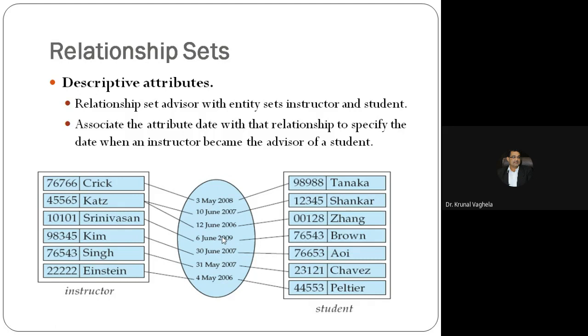When you associate any attribute with any relationship set, then that attribute is called descriptive. Ready? Yes or no? Feedback is very important.